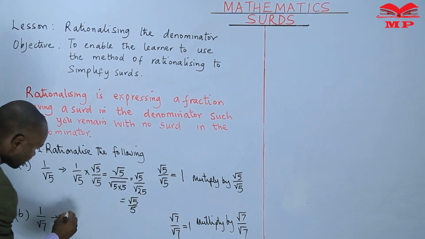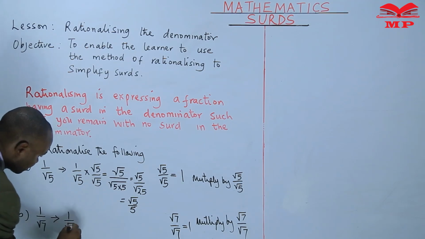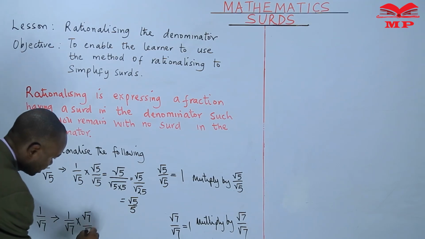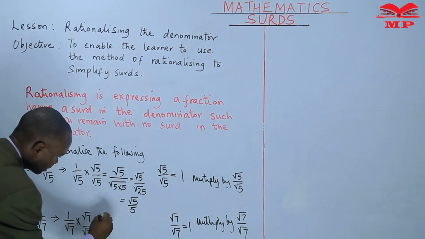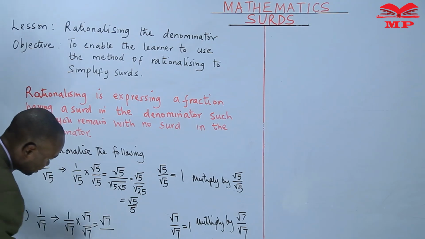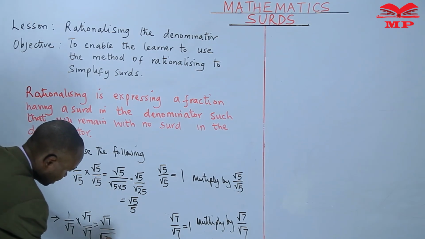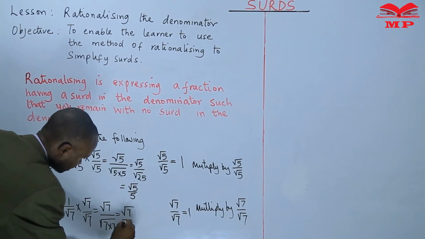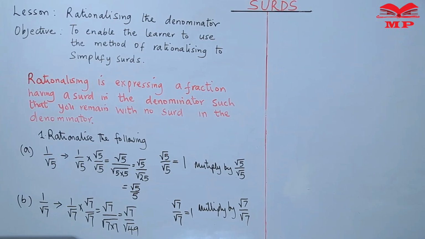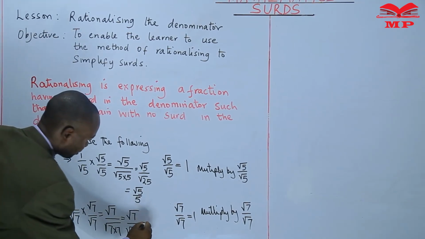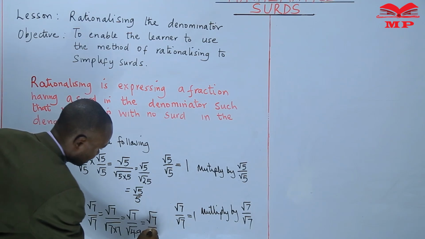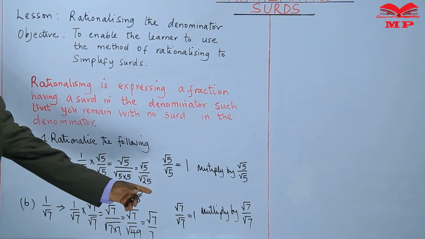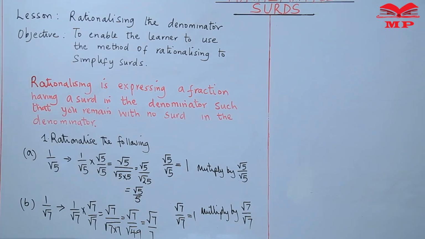So it will be 1 over square root of 7 times square root of 7 over square root of 7. It will become square root of 7 over square root of 7 times 7, which becomes square root of 7 over square root of 49, which finally comes to square root of 7 over 7. You finally rationalized that. You see what is happening? But we shall look at a second example.